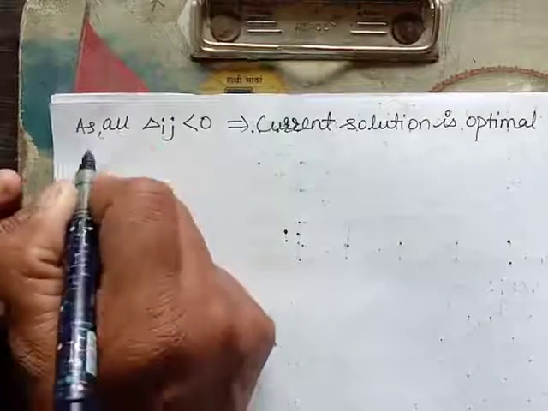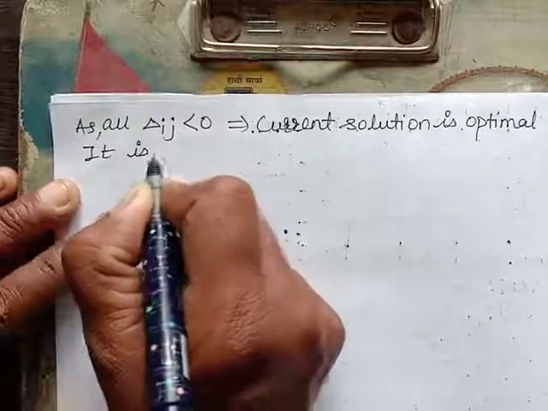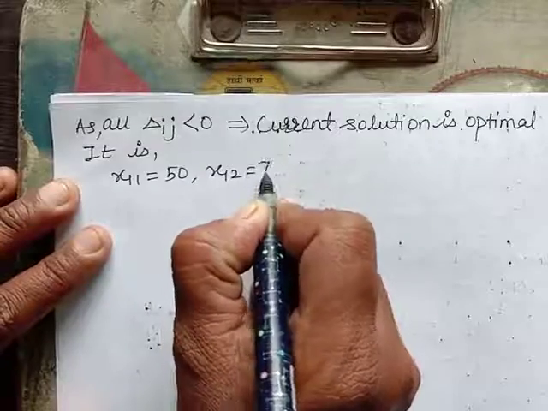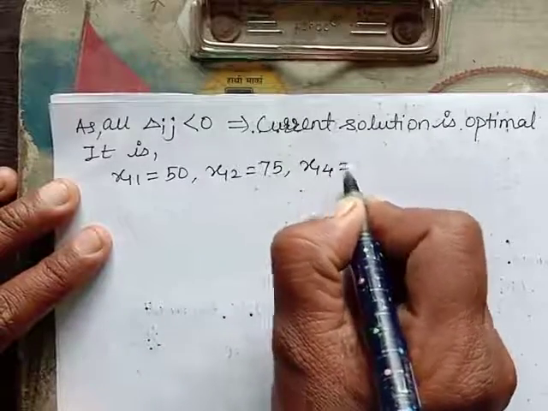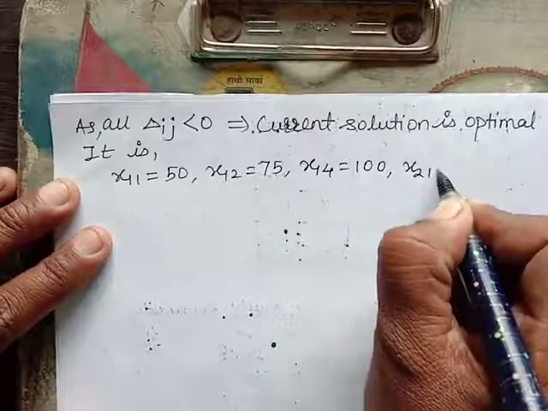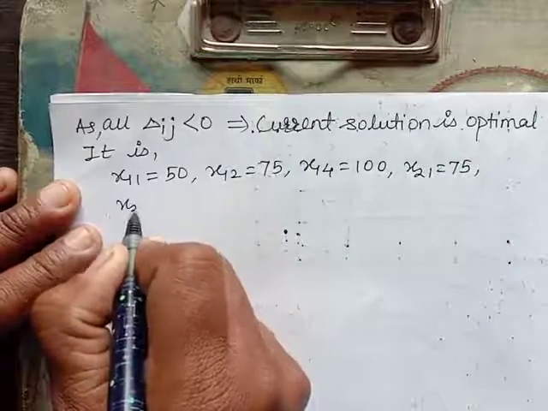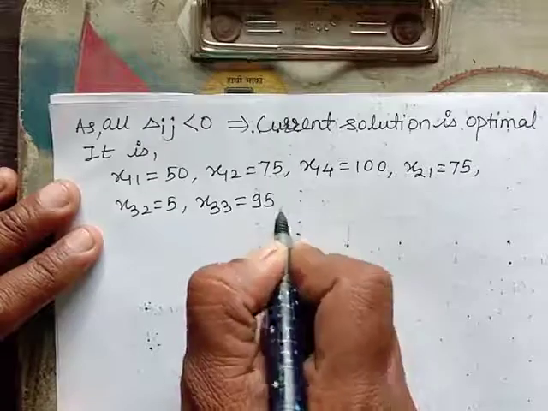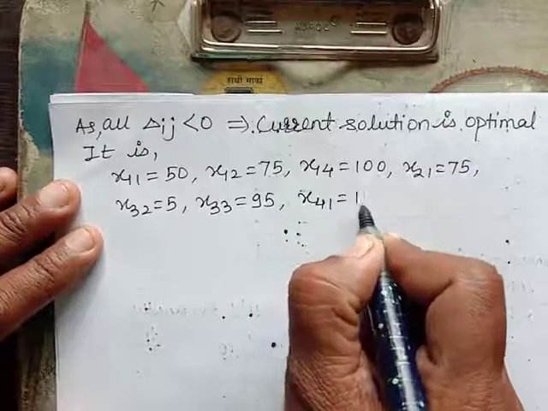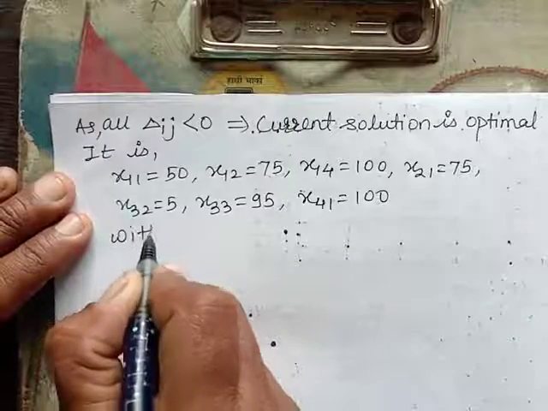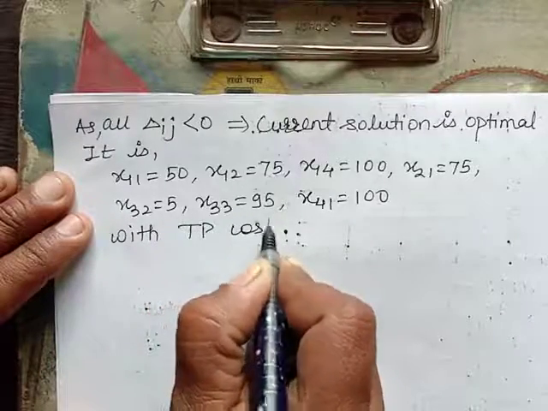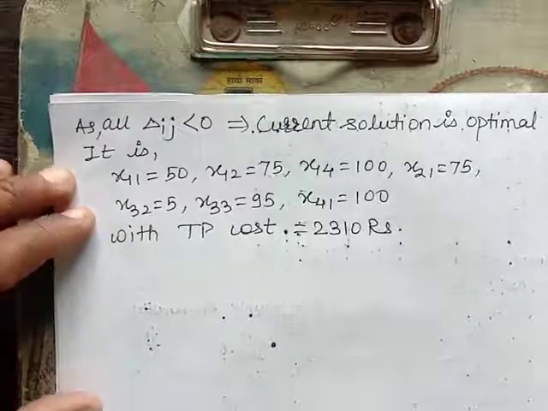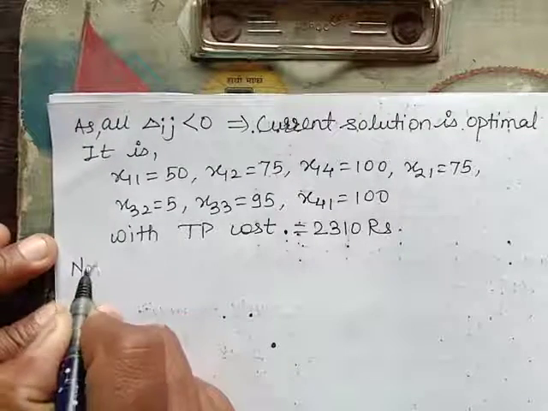And it is x11 equal to 50, x12 equal to 75, x14 equal to 100, x21 equal to 75, x32 equal to 5, x33 equal to 95 and x41 equal to 100, with TP cost 2310 rupees.